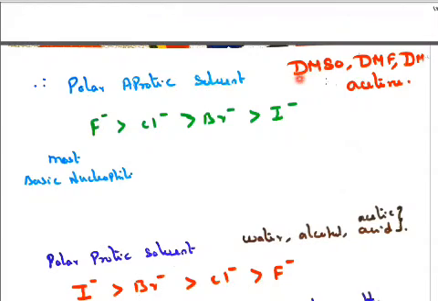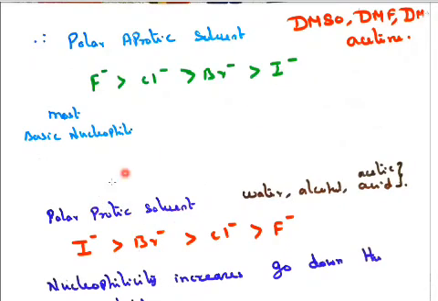Polar aprotic examples are dimethyl sulfoxide, dimethyl formamide, and dimethyl acetamide. Acetone is another example. The more basic nucleophile, F minus, is best for a polar aprotic solvent. For a polar protic solvent, it is just the opposite; I minus is the best one.